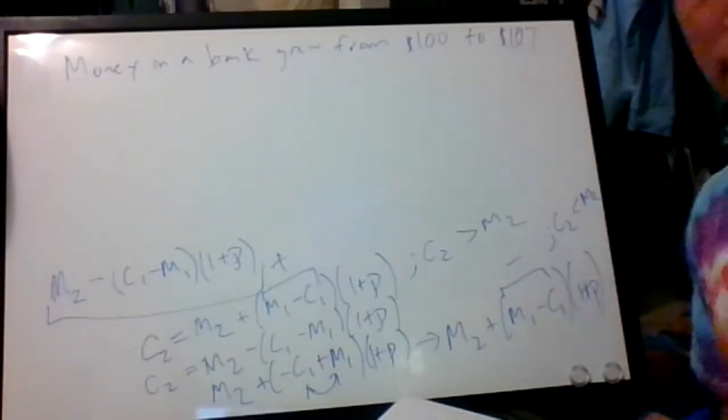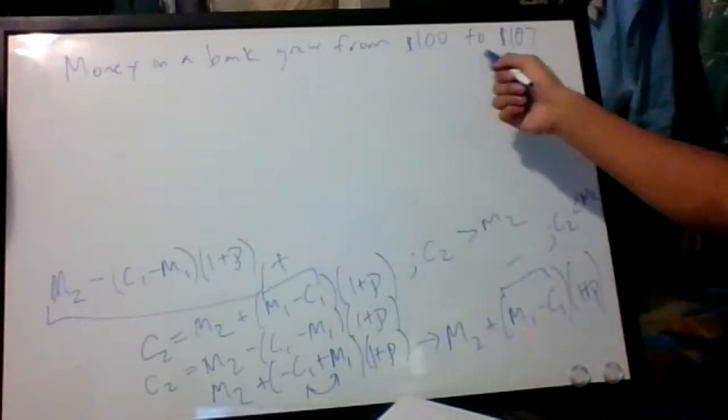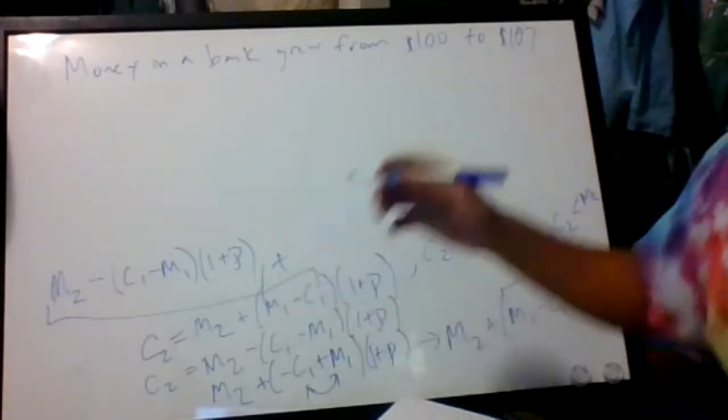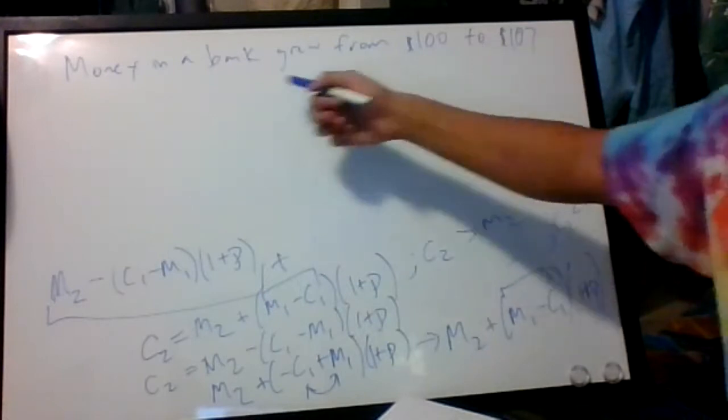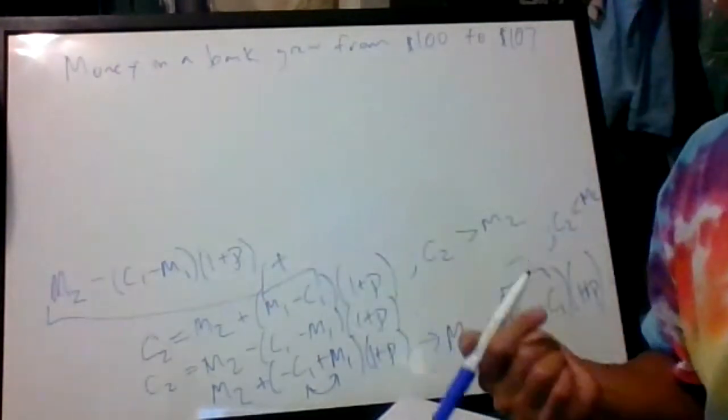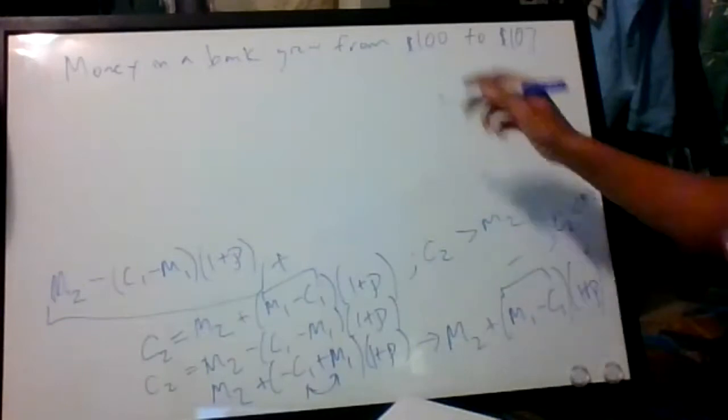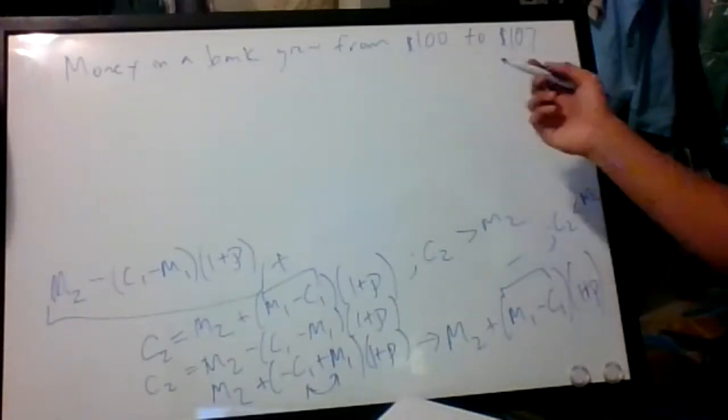And this is just a cheeky way of saying that the nominal interest rate is 7%, because the rate at which money grows in a bank is the nominal interest rate. So this is just a tricky way of saying that.